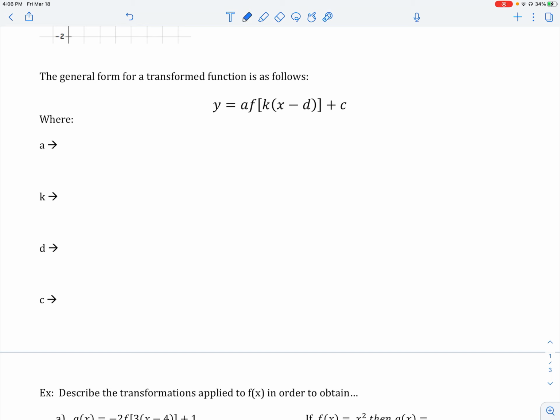So, all right, for A, there's a few things. First thing we want to do is see if A is less than 0. If A is less than 0, that means it's negative. That means we're going to have a reflection along the x-axis.